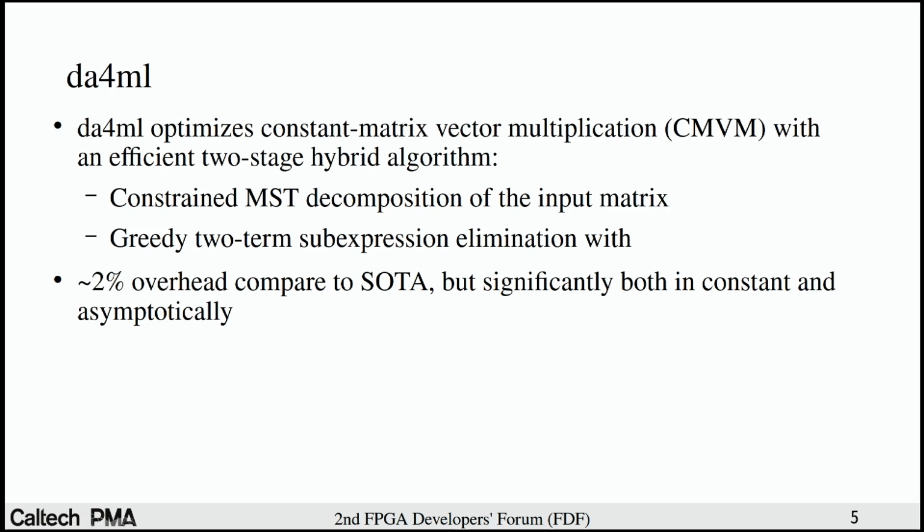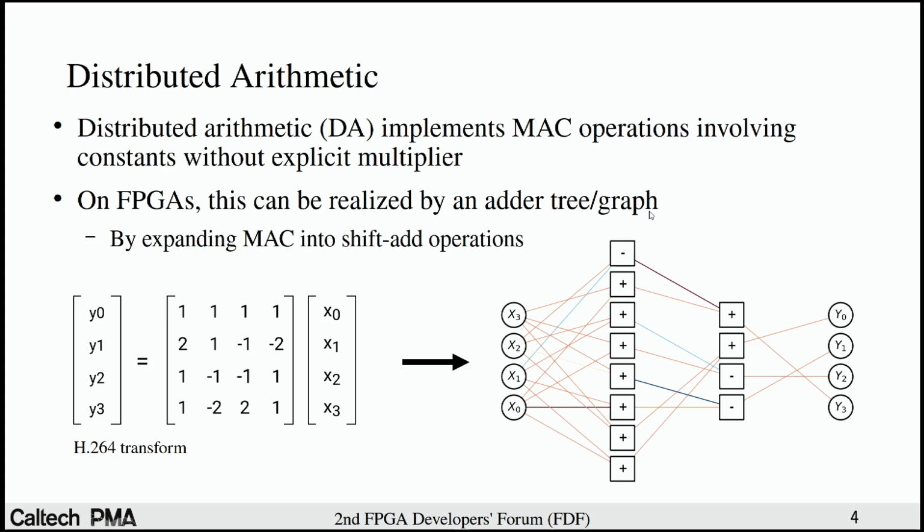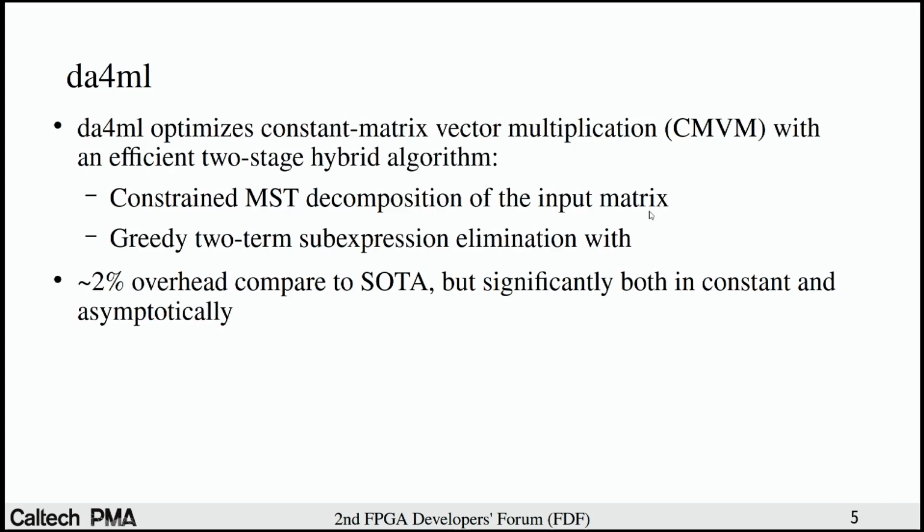However, if you implement the CMVM operation in this way, it is not very efficient, but it's currently what the compiler is actually doing in the background. What we do to optimize this operation is a hybrid algorithm. I'll explain the details in the next slides. The first stage is pre-optimization with a constrained minimum spanning tree to transform the expressions into a simpler form.